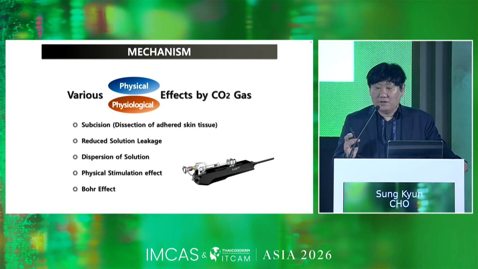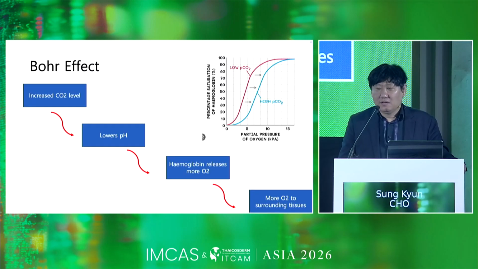So the various effects of CO2, we all know. The subcision, it's going to reduce leakage and dispersion of solution, the mechanical stimulation, and also, of course, the Bohr effect. Nothing is new with CO2 fractional, right? Because it's been around forever. There are a lot of different machines that introduce CO2.